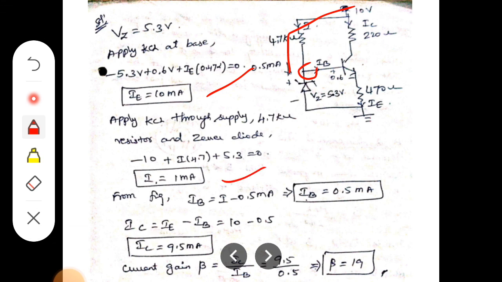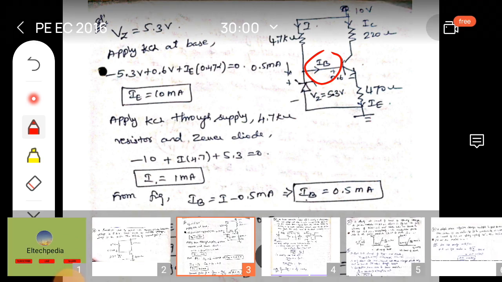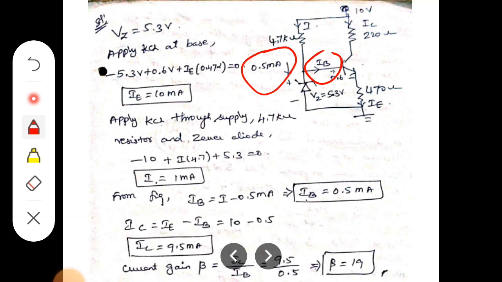From the figure, IB is equal to I minus 0.5 milliamps. So I value is 1 milliamp, 0.5 will be reduced, which means IB is equal to 0.5 milliamps.